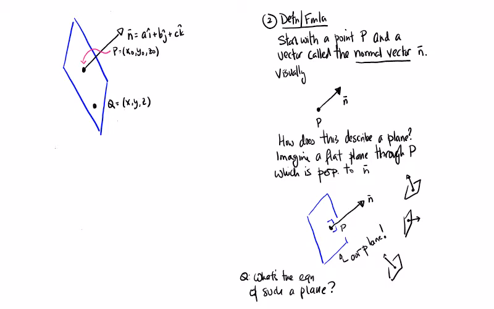We're going to ask a very simple question. What would it mean for Q to be on the plane? Or what do we get out of knowing that Q is on the plane?